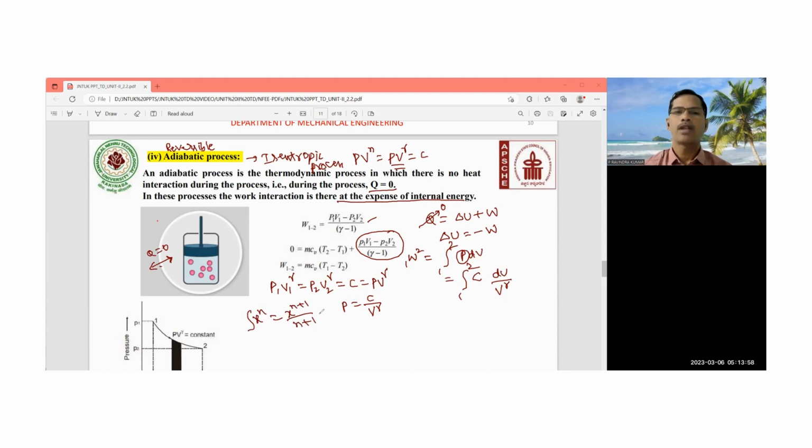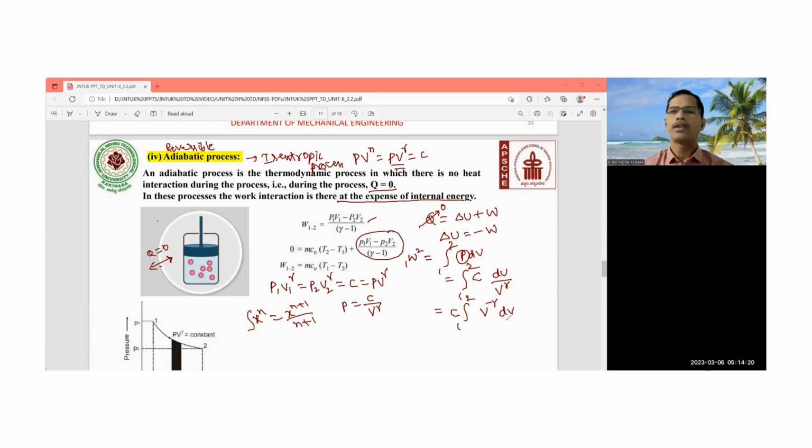Strong mathematics is also applied, that is either the differentiation or the integration you have to apply here. So on to this particular point where it is written as integral of 1 to 2, constant take out, so this is V to the power of minus gamma dV.